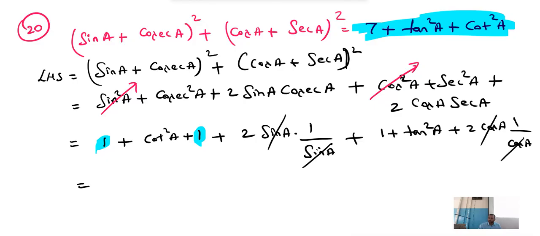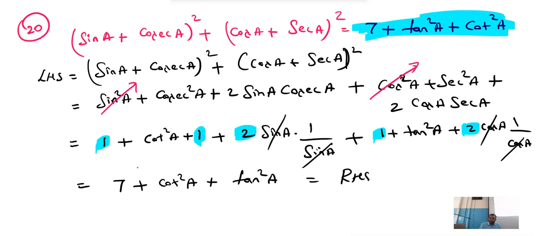Now see the terms: 1 plus 1 is 2, 2 plus 2 is 4, 4 plus 1 is 5, 5 plus 2 is 7. 7 plus cot square A plus tan square A. This is our RHS. Therefore, LHS is equal to RHS. Hence proved.